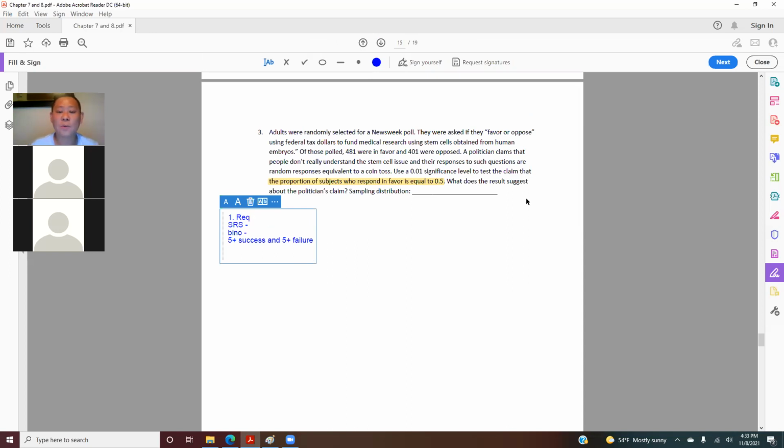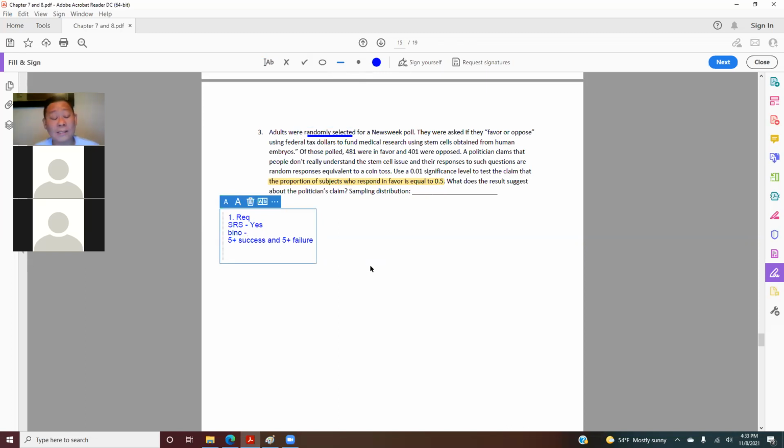Can someone read this question and point out, is this a simple random sample? I think it is. Armin, why do you say so? Yes, at the top, adults were randomly selected. Yep. So the words randomly selected are used here, and that's the reason why this is a simple random sample.